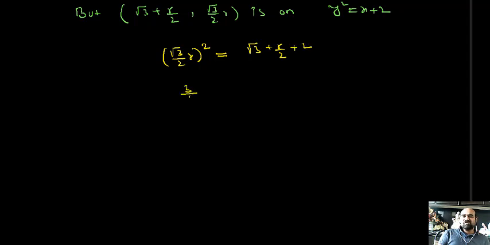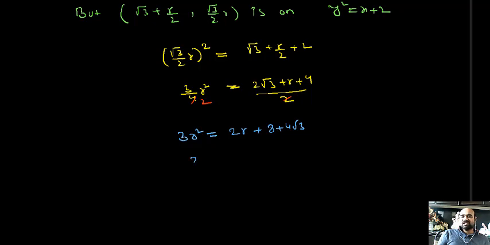This is 3 by 4 r square equal to (2 root 3 plus r plus 4) by 2. The 2s get cancelled, and cross multiplication gives 3r square equal to 2r plus 8 plus 4 root 3. In other words, 3r square minus 2r minus 8 plus 4 root 3 equal to 0.